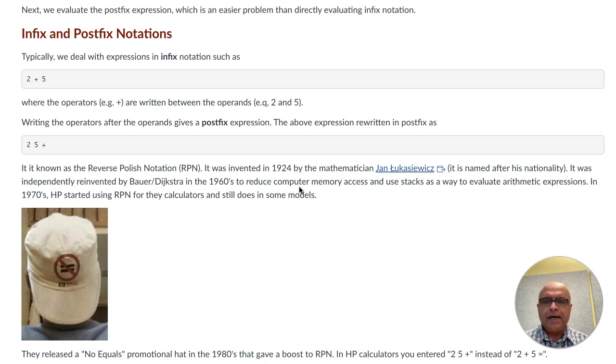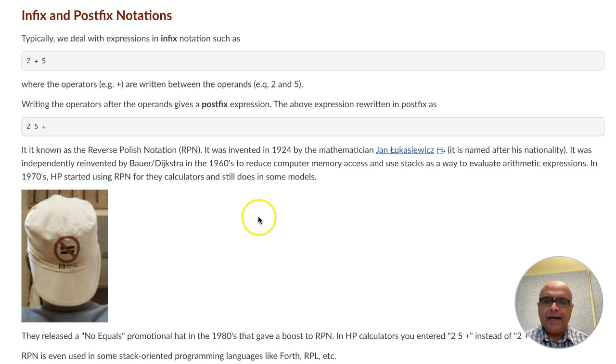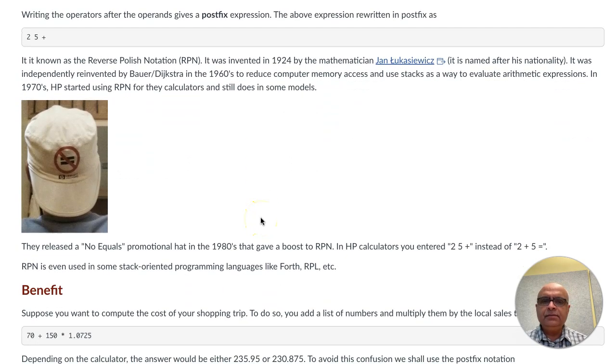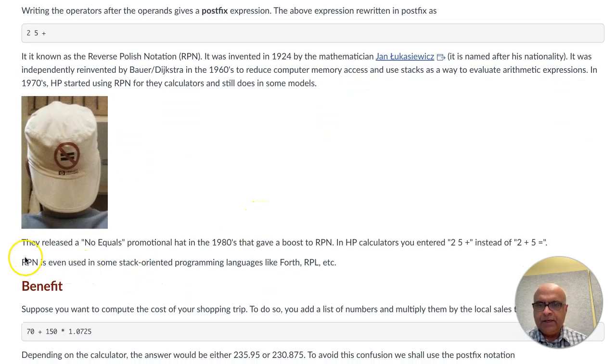In the 1970s, HP started using RPN for their calculators, and some of those models still exist today. There was even a movement with its promotional hat, called the No Equals movement, in the 1980s, used by HP to boost RPN.